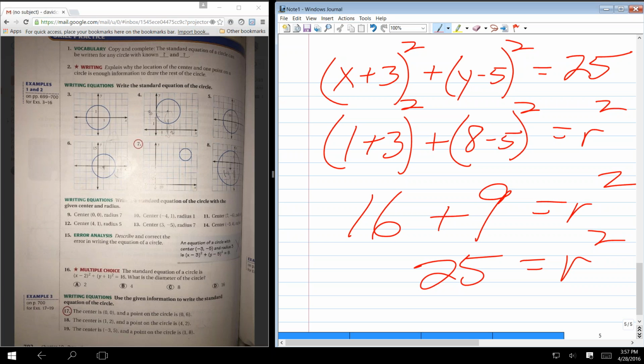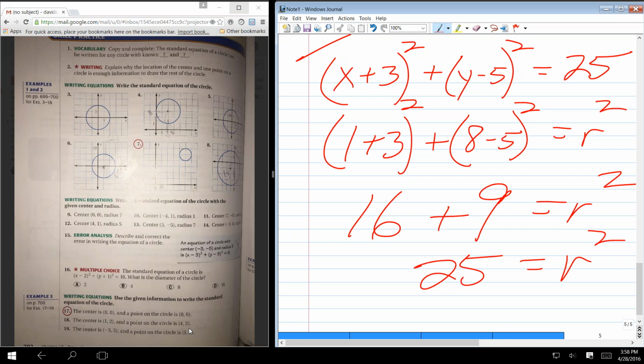If they give you a point, plugging that in for x and y, and calculating the other variable. Because you always start out with 5 variables: x minus h, y minus k, and r. They give you 2 of them here, and then they give you enough information to figure out the other 3.